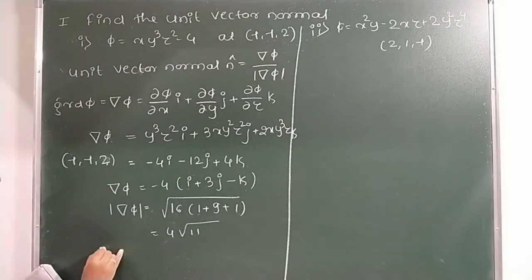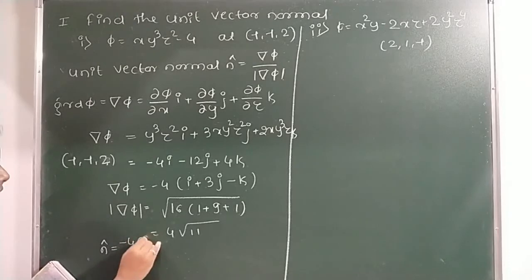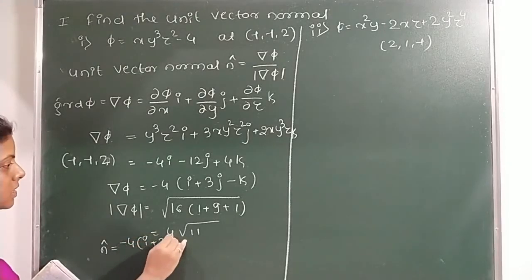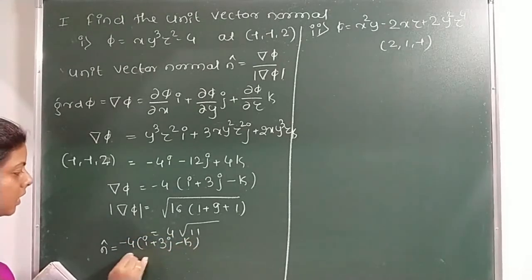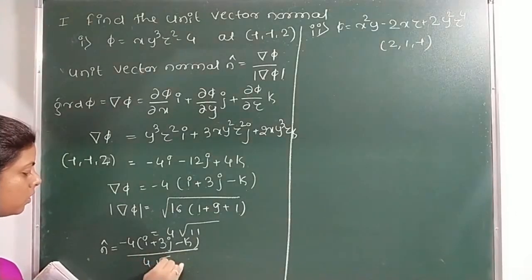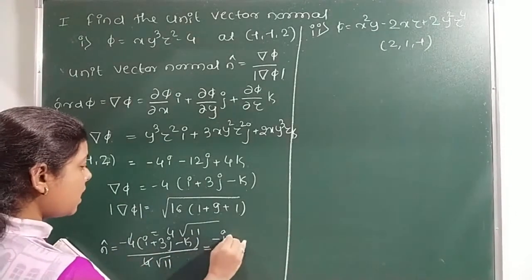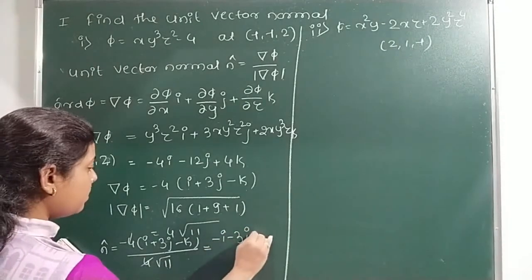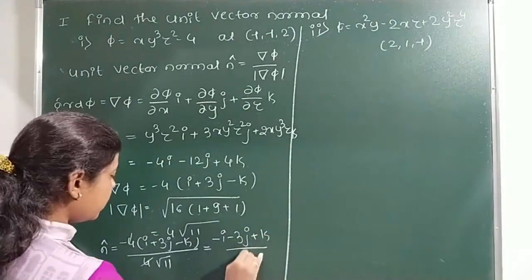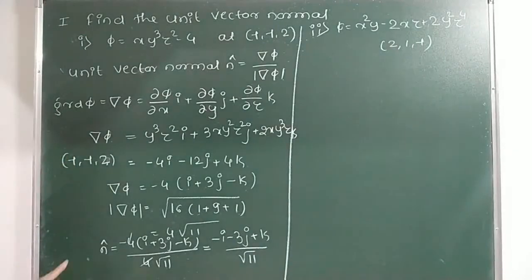Now n cap is equal to minus 4 times (i plus 3j minus k) divided by 4 root 11. The 4 gets cancelled: n cap is minus (i plus 3j minus k) divided by root 11. This is the unit vector normal.